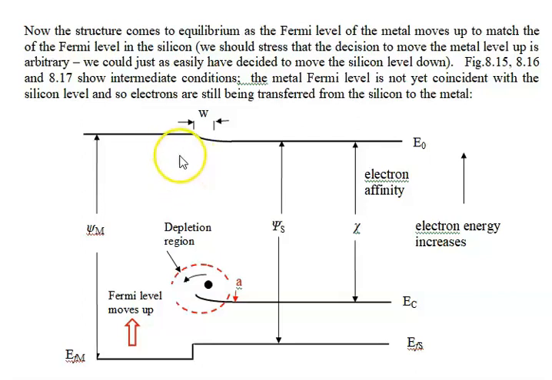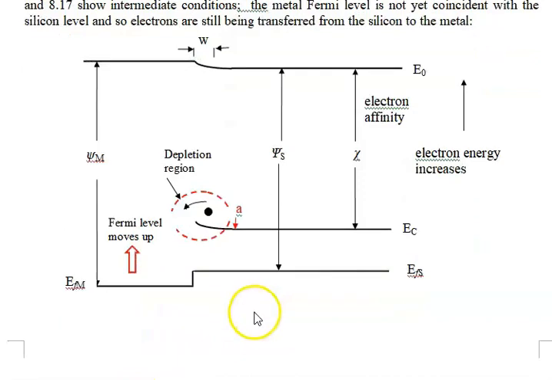In fact, electrons for the electrical phenomena would want to move from left to right. However, that can't happen because the Fermi levels are still not equilibrated.